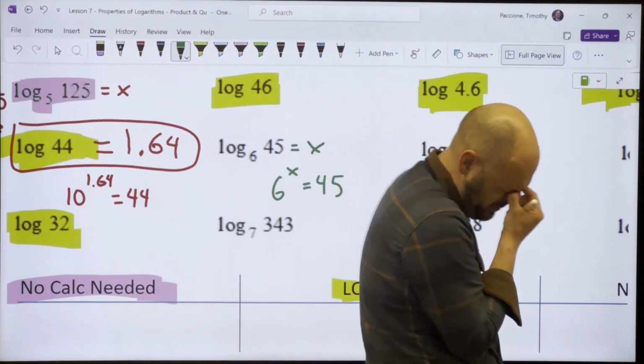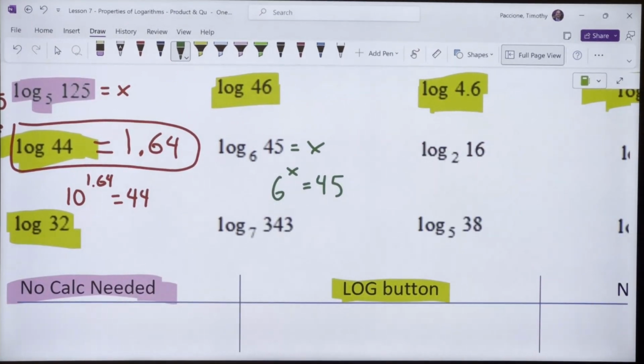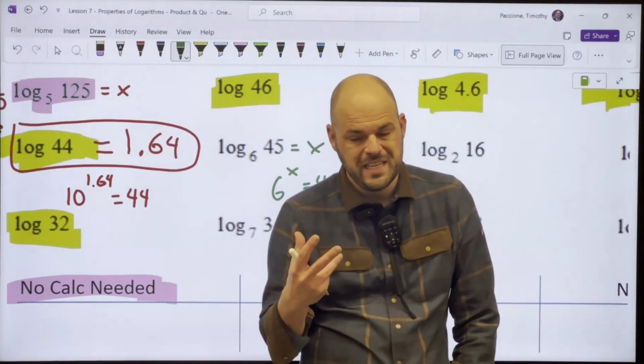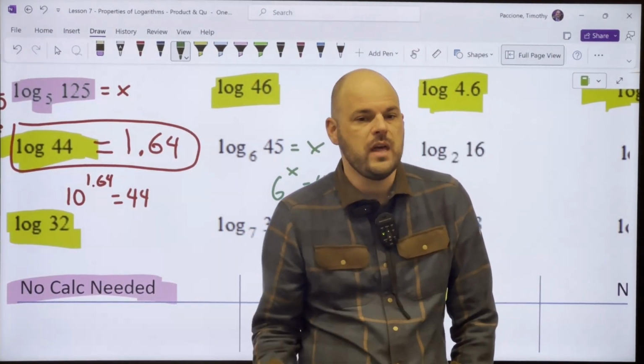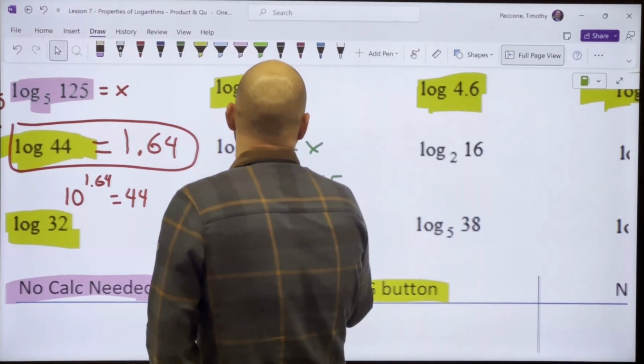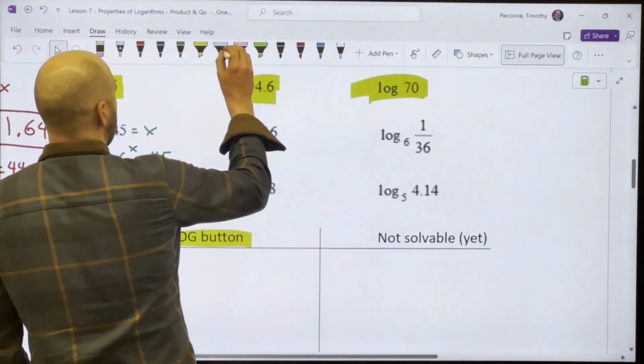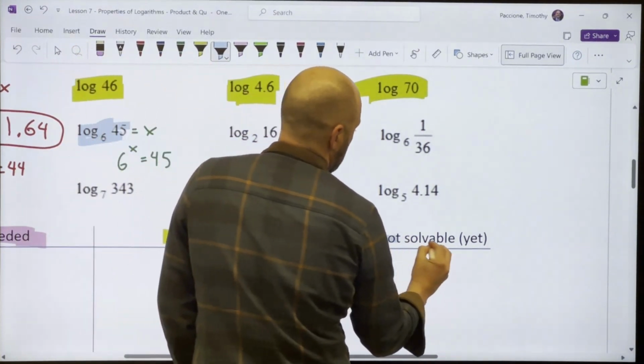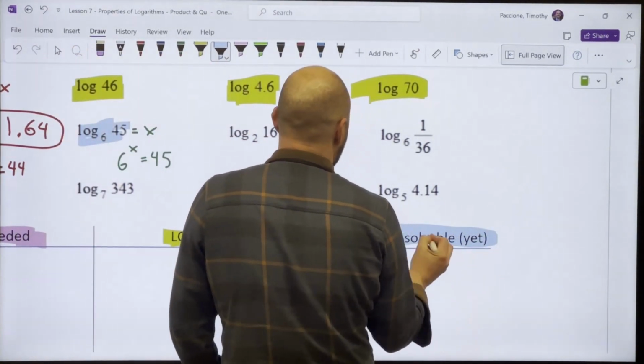I think to myself, well, 6 squared is 36. 6 to the third, I put it in my calculator, and it's this massive number. So I passed 45. So what does that mean? You can't do that yet. We don't know how to do that yet. So there isn't no solution, we just haven't gotten there yet. So this would go into the not solvable yet category.